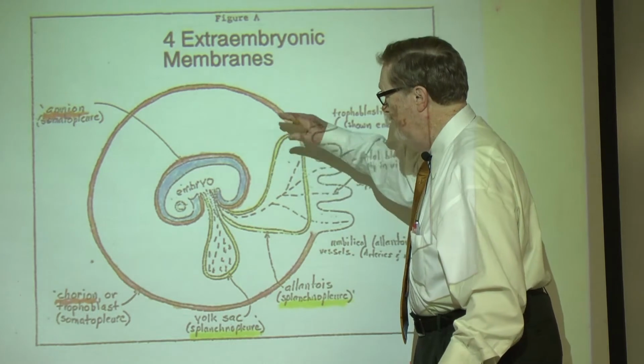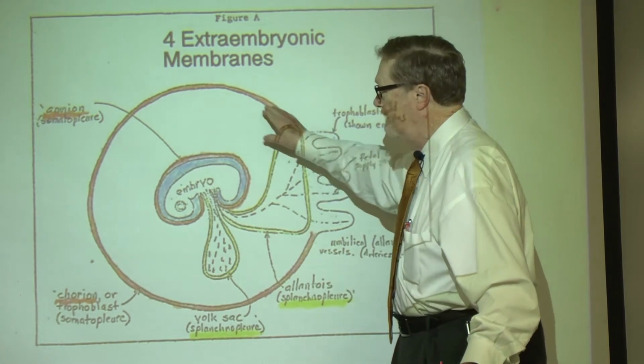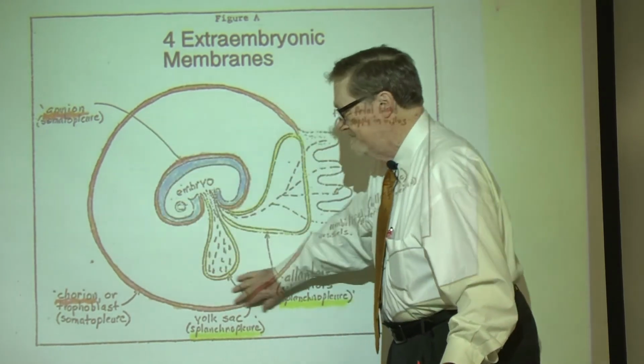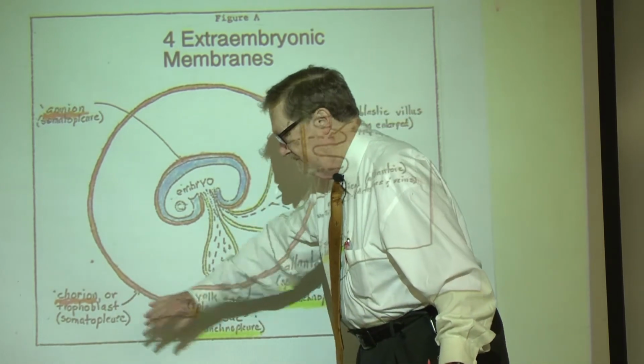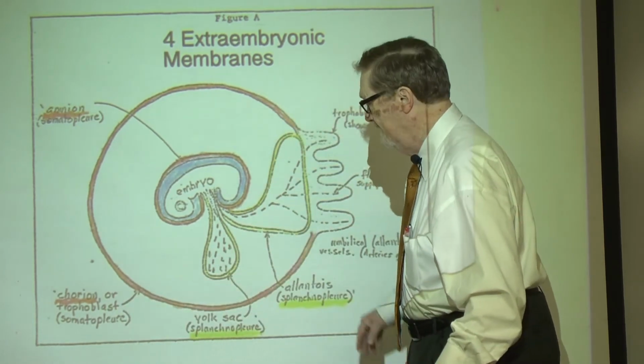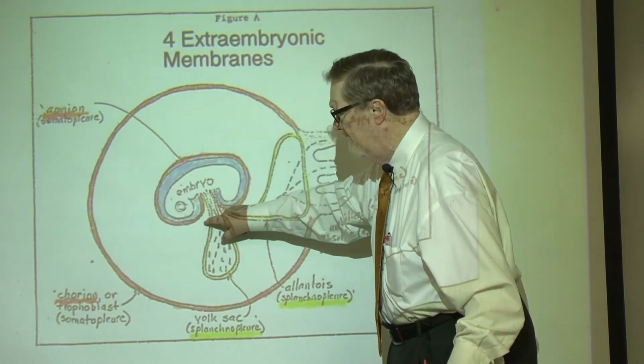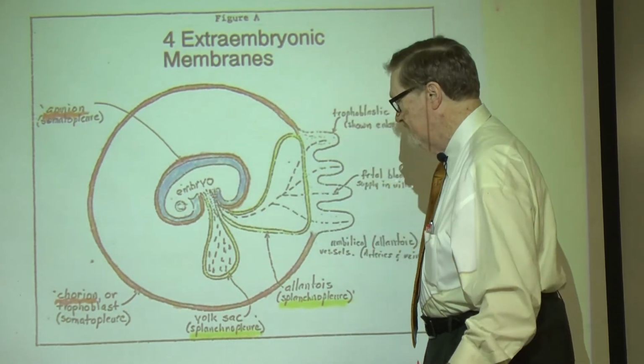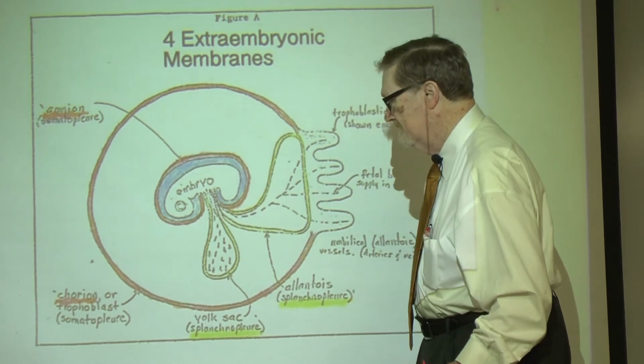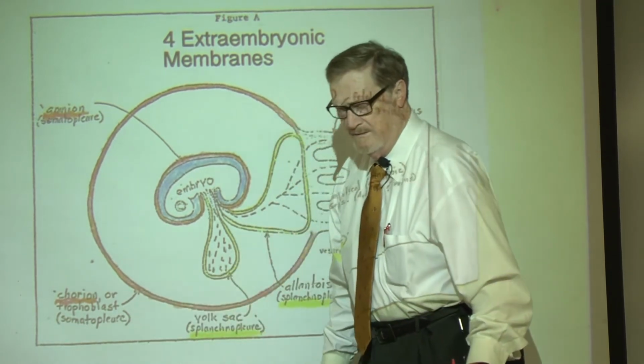Okay, so the chorion, which is a connection device part of the placenta, and the amnion, which is a sac containing fluid, amniotic fluid around the embryo, those are both somatopleure. What is somatopleure?